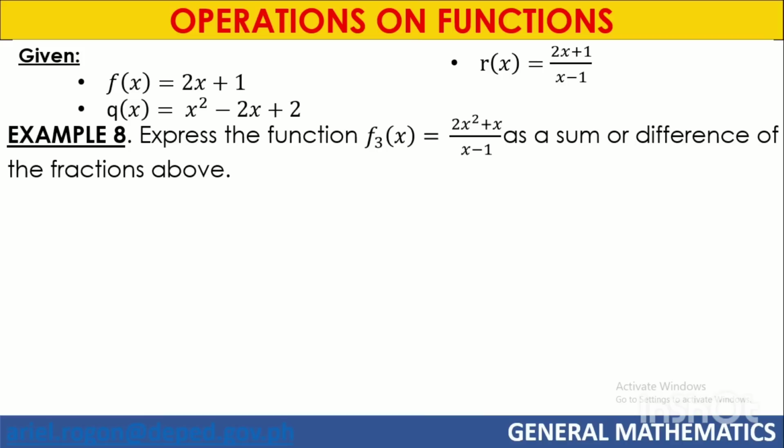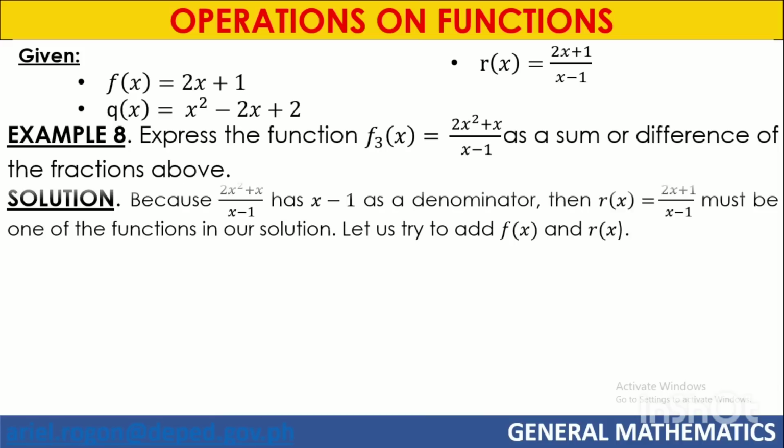So doon pa lang may hint na kayo or may clue na kayo ay ito, gagamitin to kasi merong x minus 1 sa baba. So ang isipin mo na lang kung sum ba siya nito ng f of x saka r of x, yan yung maitatry nyo, yung q of x saka r of x or the difference of the two. So anong itatry natin?